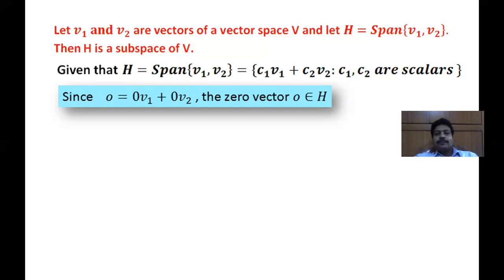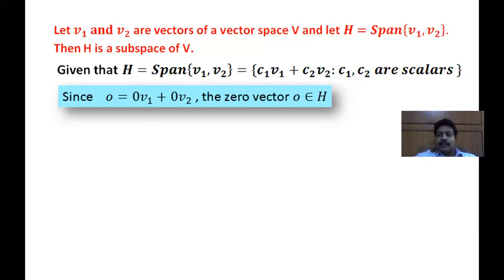So first of all, since V1 and V2 are elements of V, all the possible linear combinations must be in V. Since we have these two properties in a vector space, it is closed under vector addition and scalar multiplication. So if you add any two vectors, you will get another vector in that V only.